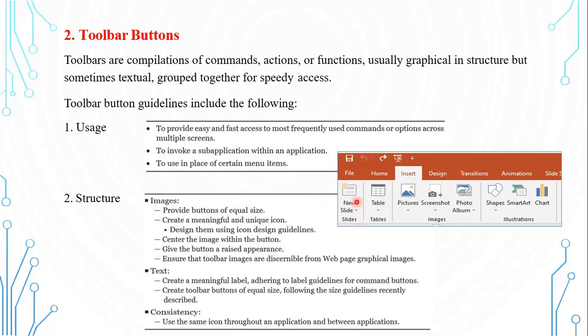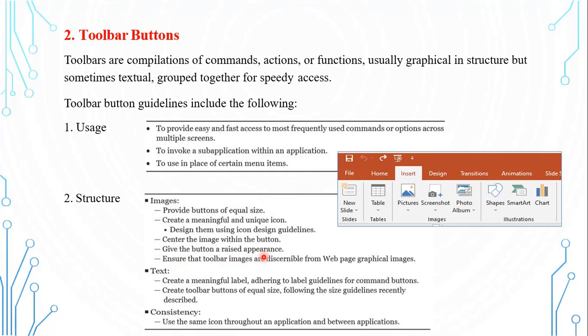If your button is being placed, you have to label it and center the image within that button. It should not be on the left side or right side; it should be in the center.